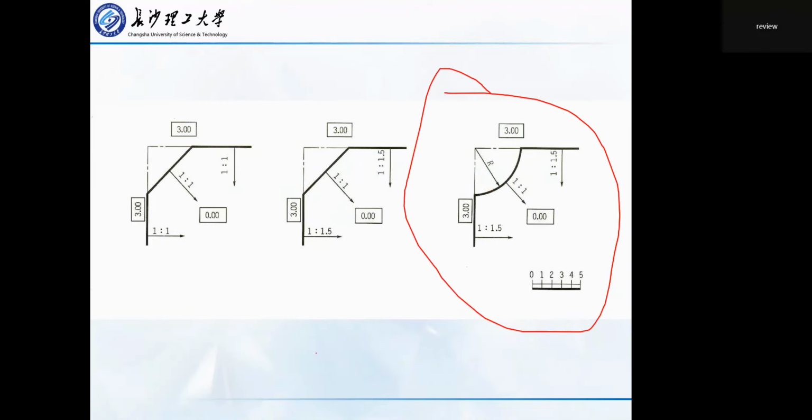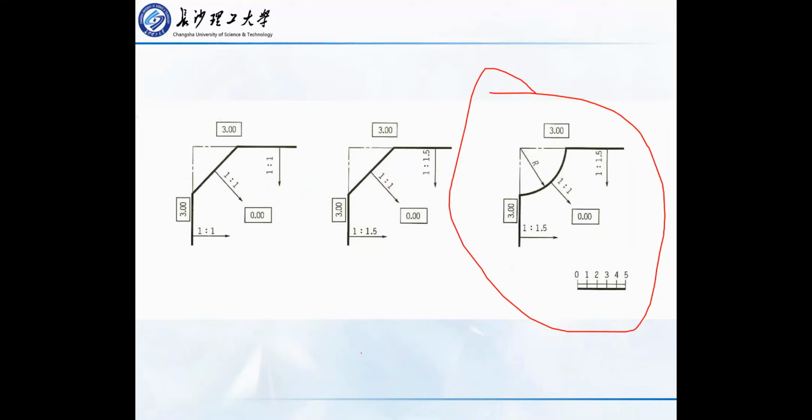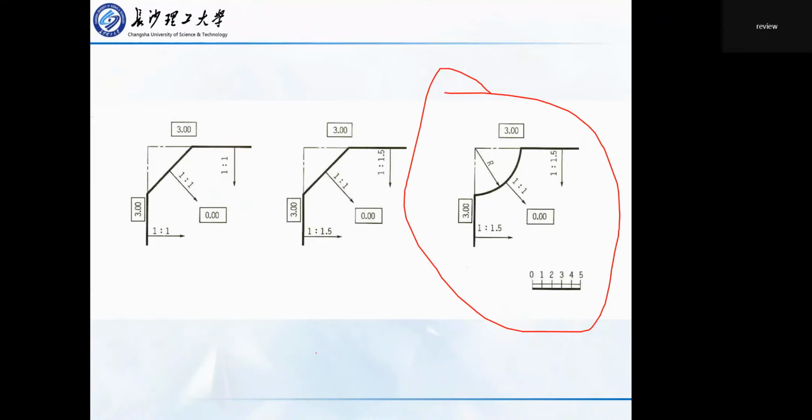Please draw it again in your exercise book, for 5 to 10 minutes.